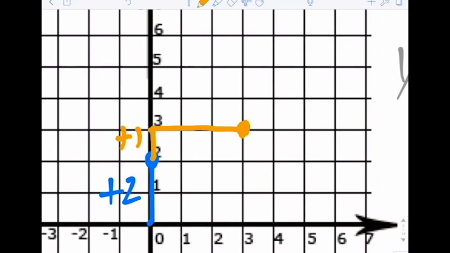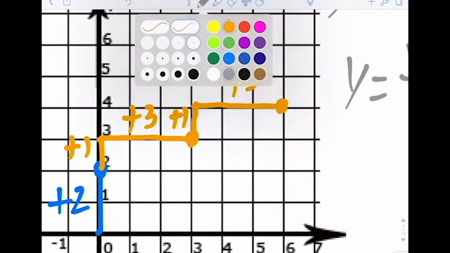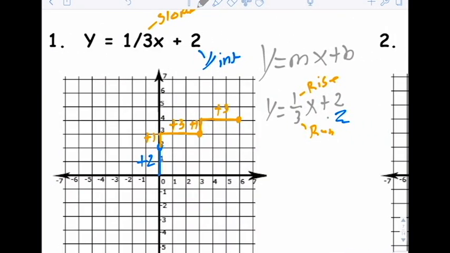So plus 1, plus 3, and then from that point you can do it again. You can rise up 1 and run 3. Make your point. Okay, now for our final step, we want to connect the points using a line.